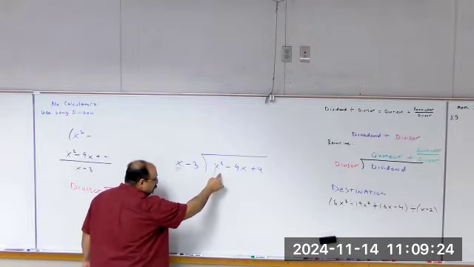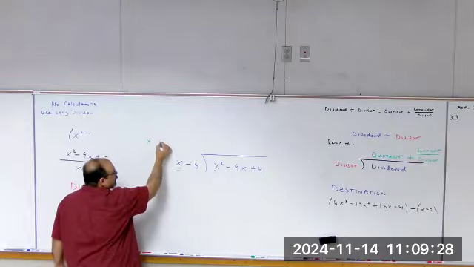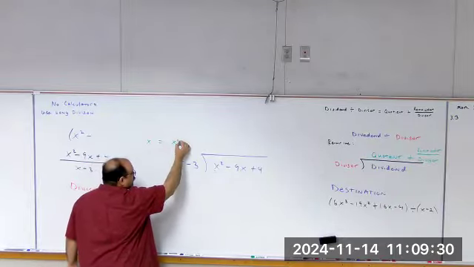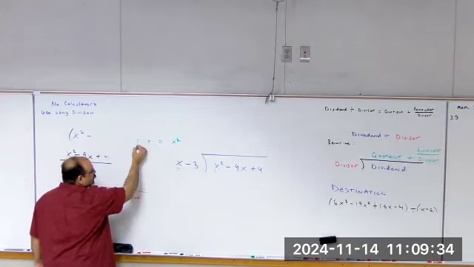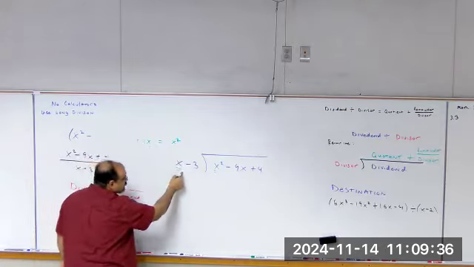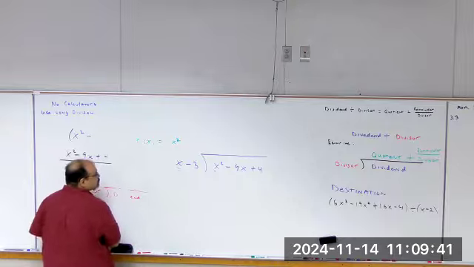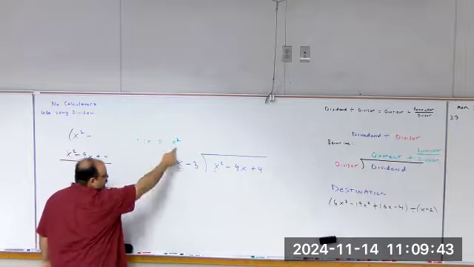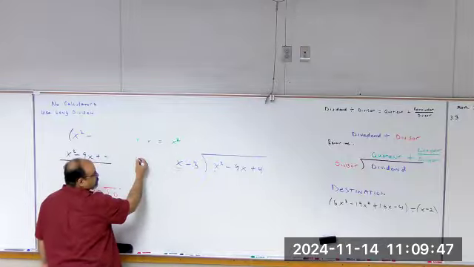And the question you're going to ask yourself: you want x squared, you have x. What times this x is going to give you x squared? I need x squared, I have an x, so what times this makes an x squared?